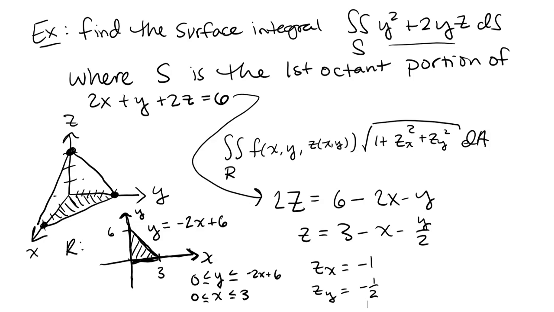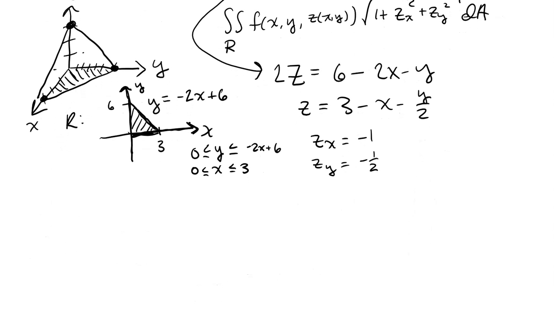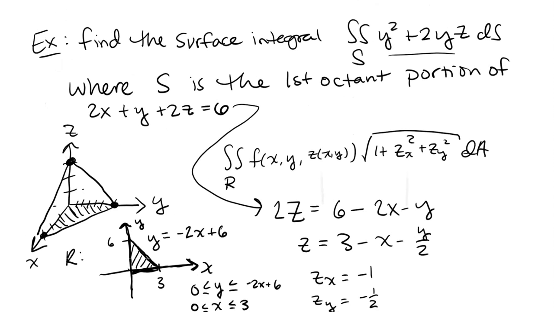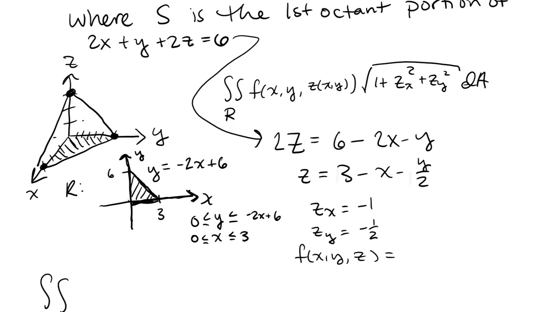So then in our surface integral, we're going to end up seeing the integral of our f function. f of x, y, z up above was y squared plus 2yz.